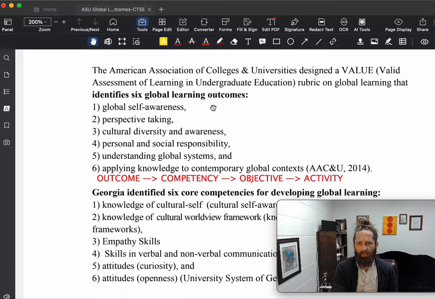So let's just say, for example, that in your course you chose global self-awareness. So you teach sociology, or education, or chemistry, and what you want to introduce as the globalization component is, can students recognize themselves as cultural, or within a cultural context?